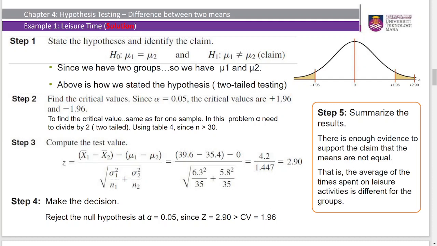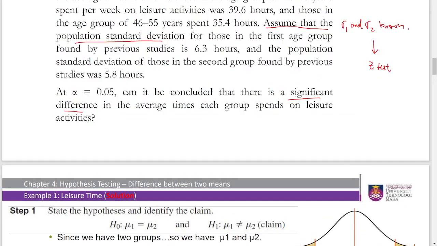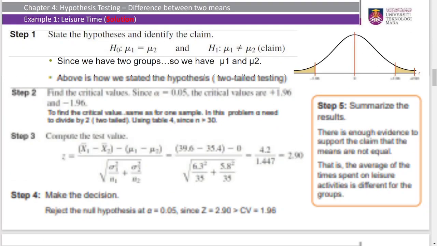Okay, against the alternative hypothesis H1: mu1 not equal to mu2, this is the claim. Macam mana you tahu yang ni dia punya claim? Sebab dekat dalam statement ni dah nyatakan, can it be concluded there is a significant difference? So significant difference means not equal, right? So this is the claim yang kita nak, and this is in the H1.